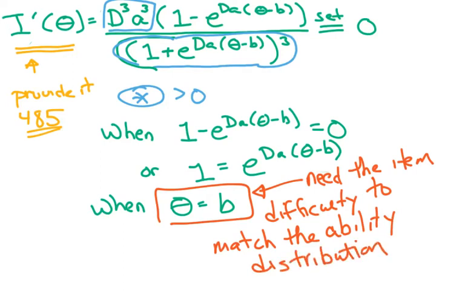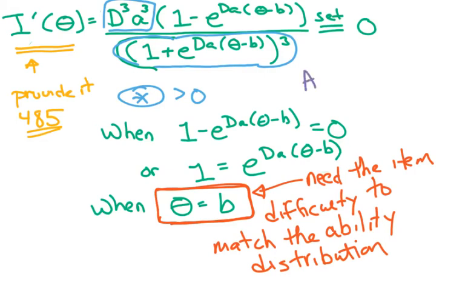So that means in general, you don't want too many items with difficulty b equals 3 or difficulty b equals -3. You want most of yours in the middle range where most of the people are. And that's where you're going to get most of the information.